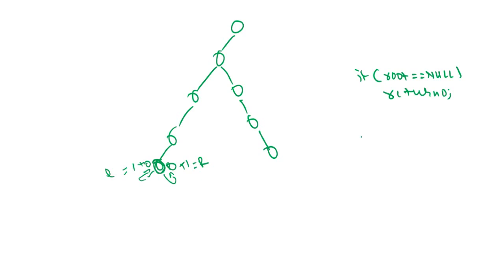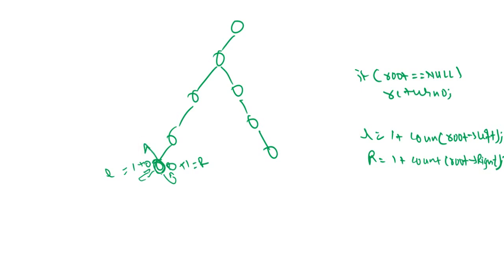So L is equal to 1 plus count, which is our function, of root to the left. For the right it is also 1 plus count of root right. Now what is the diameter for this node, considering this as a root?